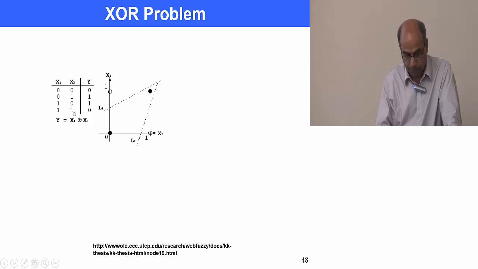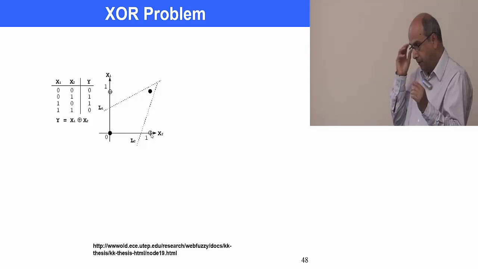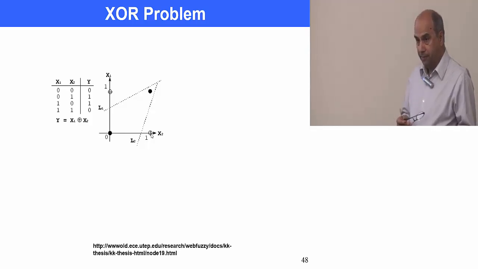Another example is here: X1 is 0, X2 is 1, and here X1 is 1 and X2 is 0. There's no way you can separate these two things by one line. It's not possible, and this happens to be a very trivial example.